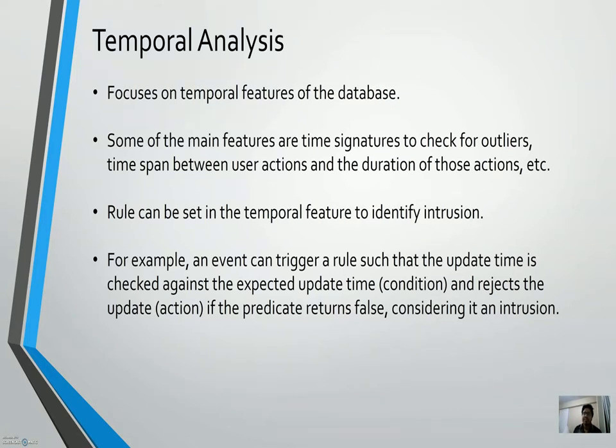Different timestamps can be used in the temporal analysis, such as the time to perform a task, the time to perform a query, and the time between two actions of the user. Different timestamps can be considered as features of this analysis.